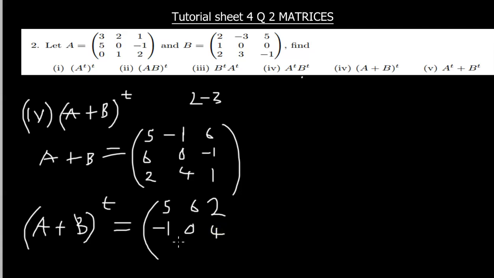And then we have 6, negative 1, 1. So 5, 6, 2, negative 1, 0, 4, 6, negative 1, 1. So this is your final answer.